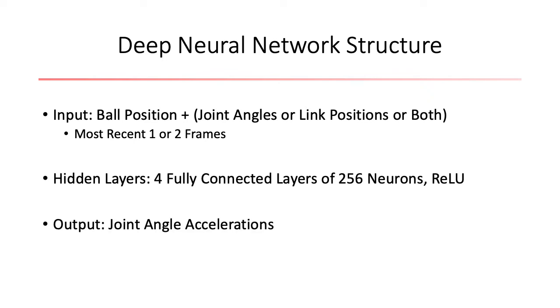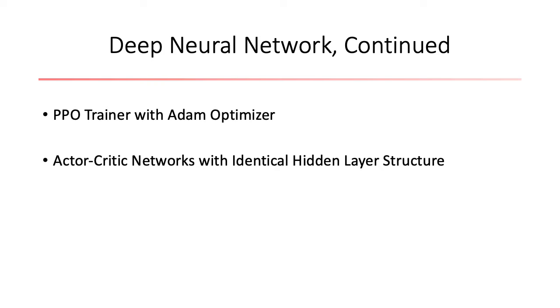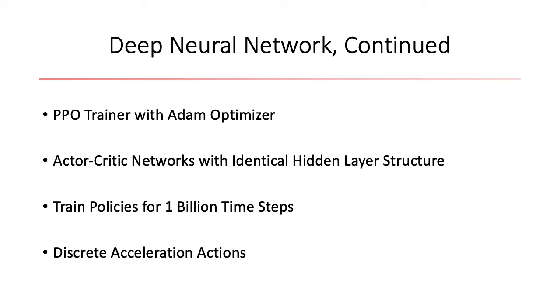The network outputs at each time step robot joint angle accelerations. Furthermore, we train using the PPO algorithm with the Adam optimizer, use actor-critic with identical hidden layers without shared parameters, and train each policy for 1 billion time steps. Actions are discrete accelerations applied to joint angles.